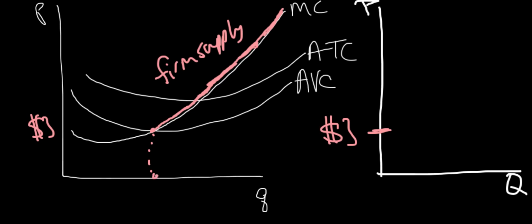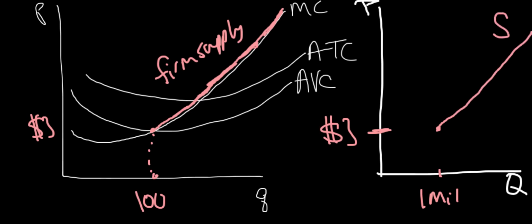All the firms will produce some quantity at $3. Add that up across the firms. If this quantity was, let's just say 100 here, then by the time you've added across all the firms, maybe it's 1,000,000 units here. So there is some supply at $3. And you would continue to add that up across all the firms, and you would get the market supply curve. But what's important is for any price below $3, the quantity being supplied is zero. They're not going to supply any.